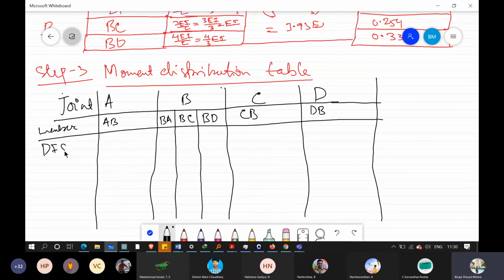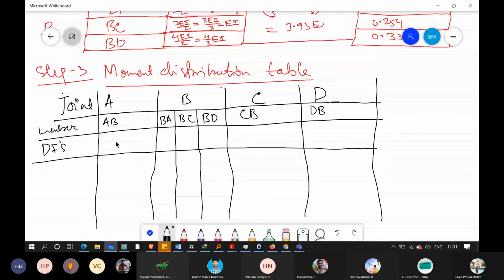Now the distribution factors. For AB, what will be the distribution factor? 0. Then the distribution factor for BA is 0.4.